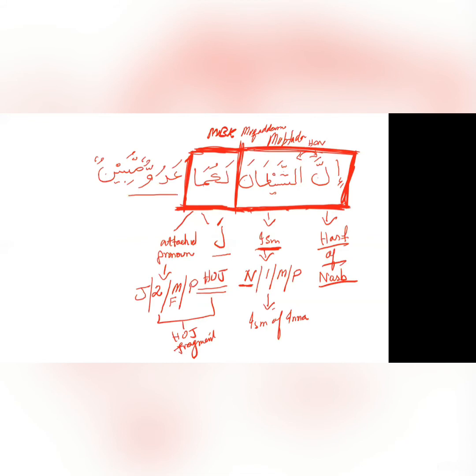Then we analyze aduwwun. Is it an ism or a fail? Ism. Analyze it for me, please. Rafa. Singular, masculine, common. Okay, so common and rafa. First condition is ism.